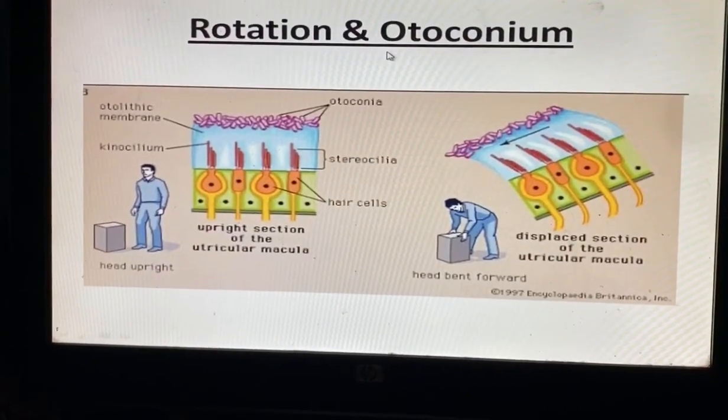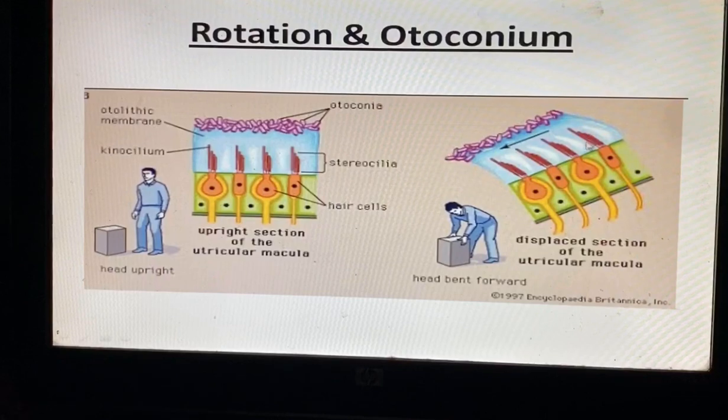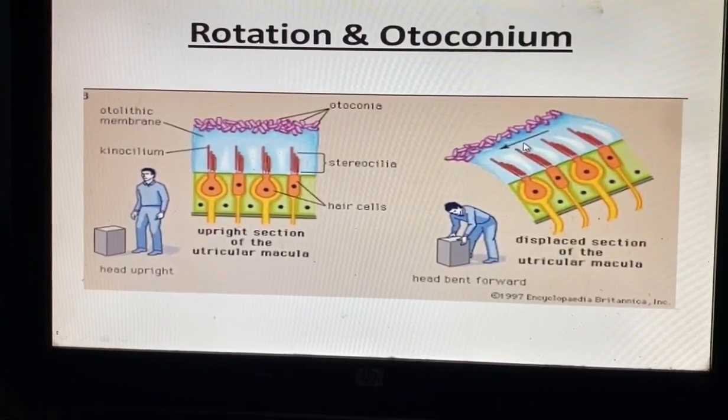You see how the rotation and the balancing of the body occurs with the help of the otoconia.